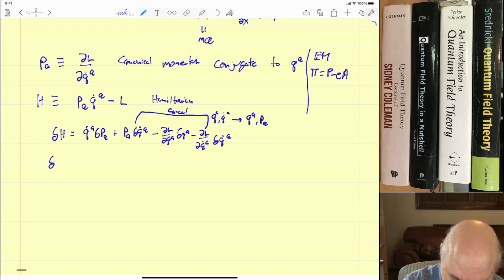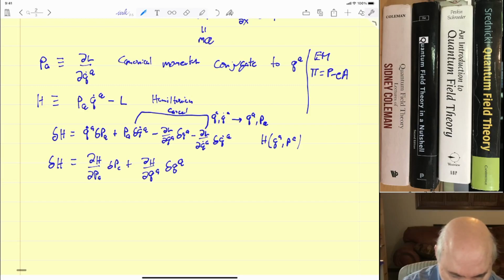And let me make this a little brighter, the dots. Okay. So del H, just in general, since we have H as some kind of function of QA and PA, we would say del H is the partial of H with respect to PA, del PA, plus the partial of H with respect to QA, del QA.